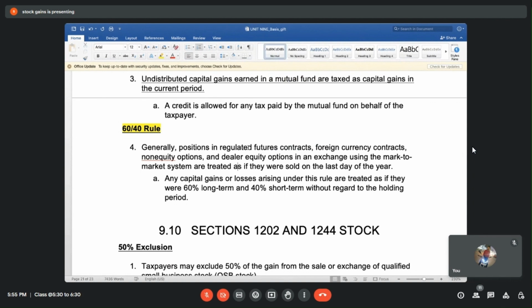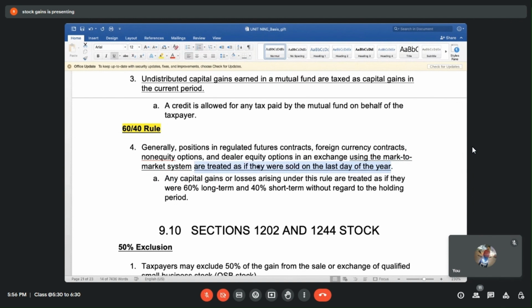Generally, positions in regulated futures contracts, foreign currency contracts, non-equity options, and dealer equity options on an exchange using the mark-to-market system are treated as if they were sold on the last day of the year. This is what mark to market means.